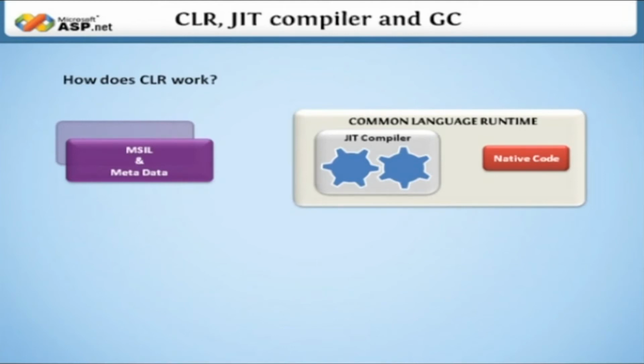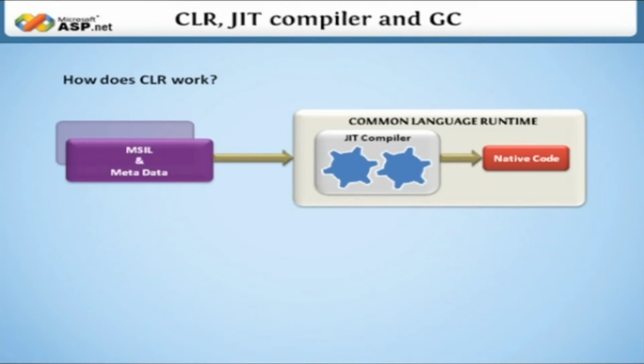Before the code can be executed, the .NET Framework needs to convert the MSIL into native code. We've already discussed how the source code is converted into MSIL. Now, the just-in-time compiler translates the code from MSIL into managed native code.